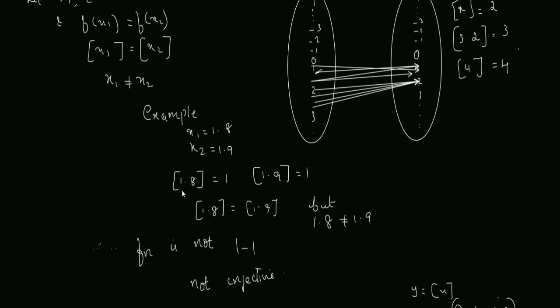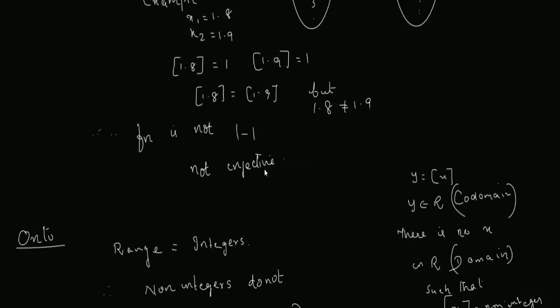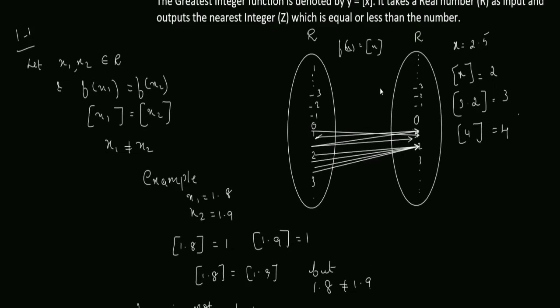It is 1. And what is the greatest integer of 1.9? It is 1. The integer that is less than 1.9 is 1. So the greatest integer of 1.8 is equal to the greatest integer of 1.9, but 1.8 is not equal to 1.9. That is, x1 is not equal to x2. Therefore, the function is not one-to-one and therefore it is not injective.